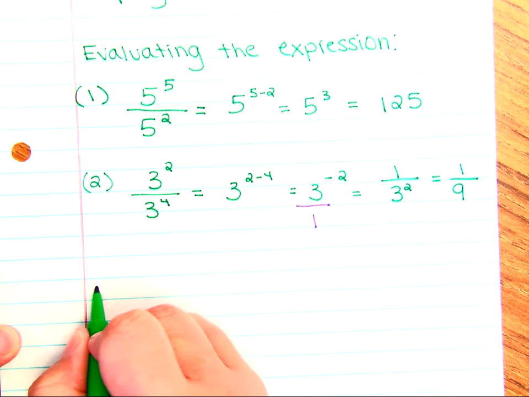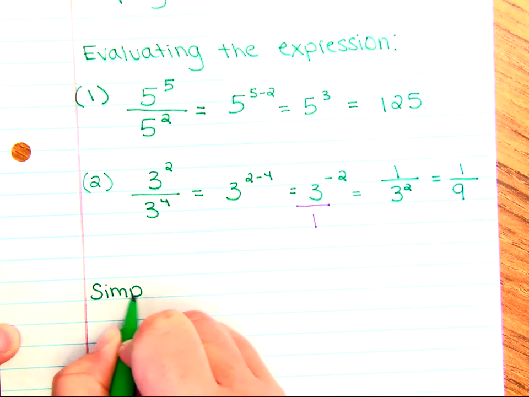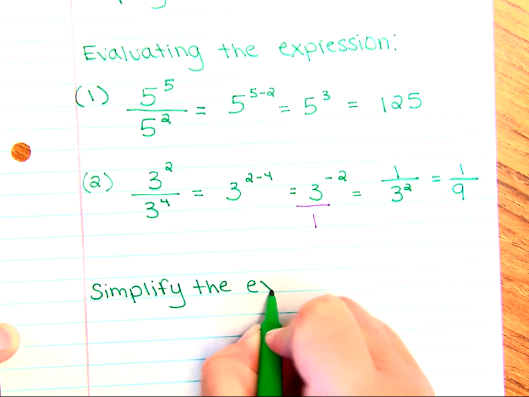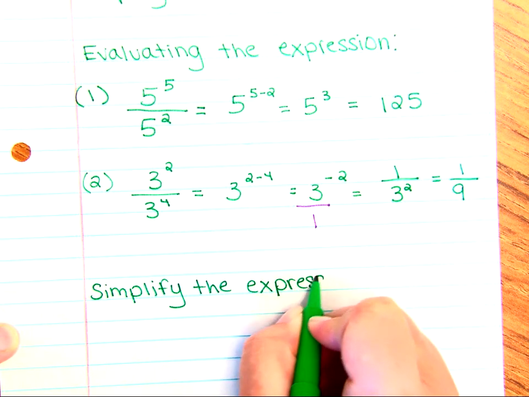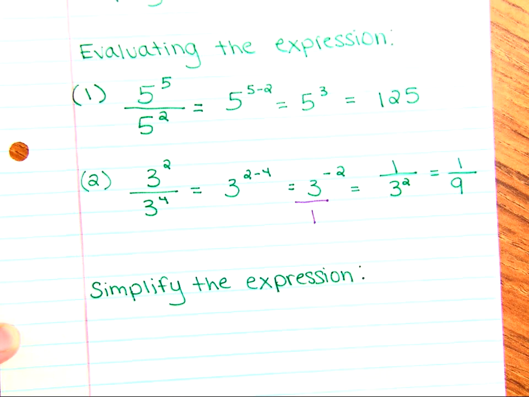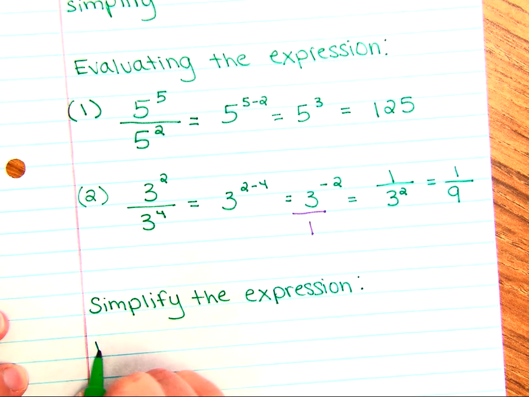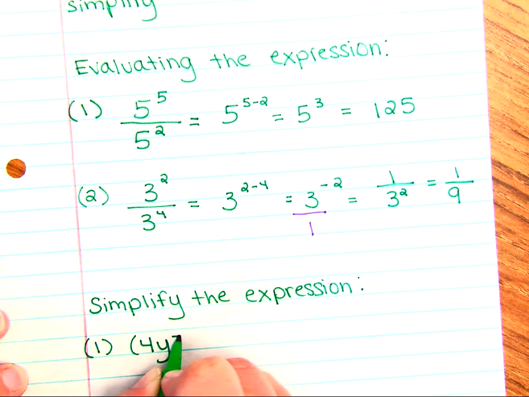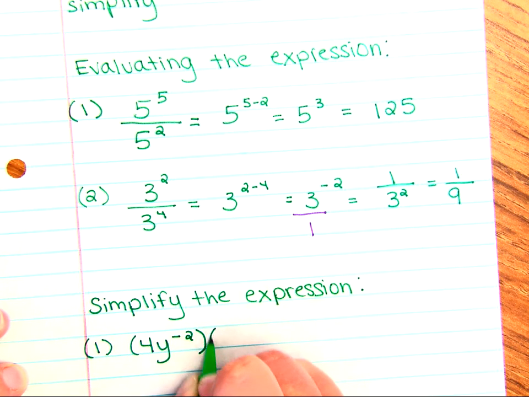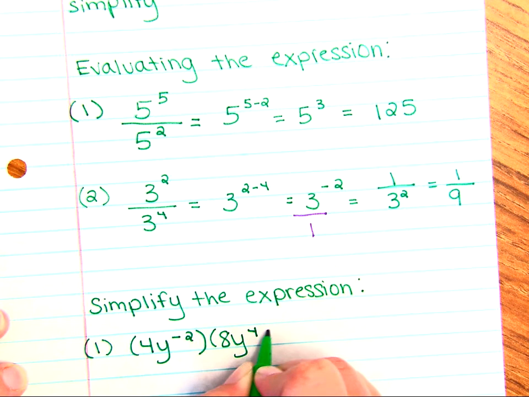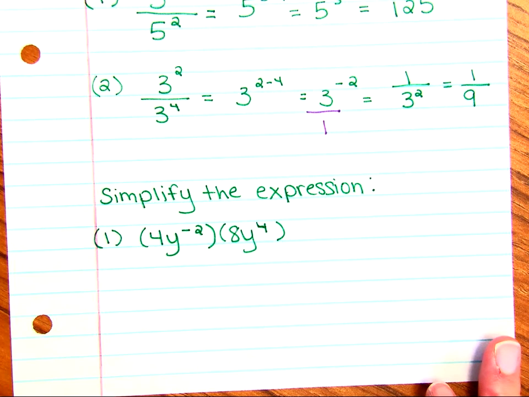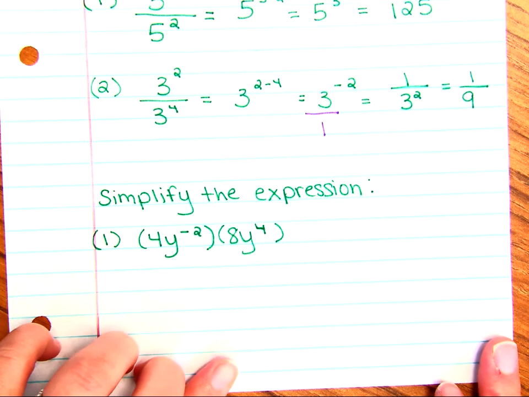The second piece would be simplify the expression. You use simplify because now you won't have a numerical answer. So I've got 4y raised to the negative 2 and 8y raised to the 4th power.